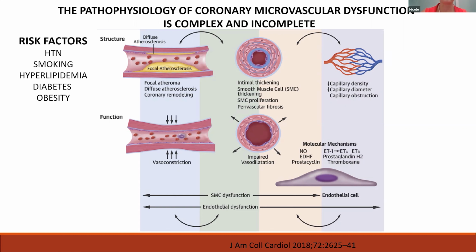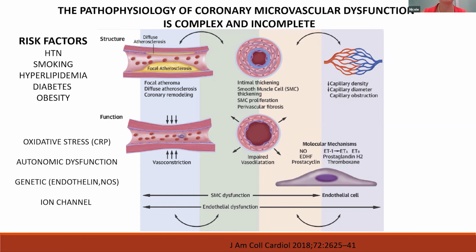But these risk factors generate an environment in which oxidative stress and autonomic dysfunction not only act at this level, but also in the workhorse of the microcirculation, in which impaired nitric oxide bioavailability and increasing amounts of endothelin and thromboxane, which are potent vasoconstrictors, and again, oxidative stress and reactive oxygen species make the smooth muscle and the endothelial cell signaling dysfunctional.